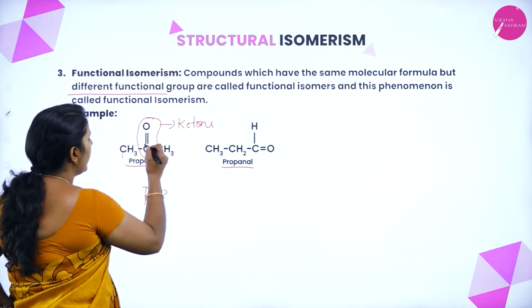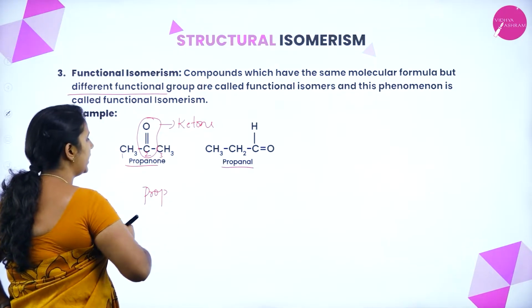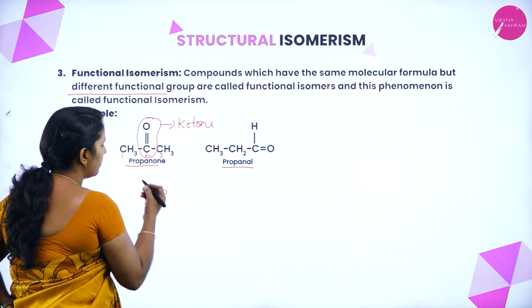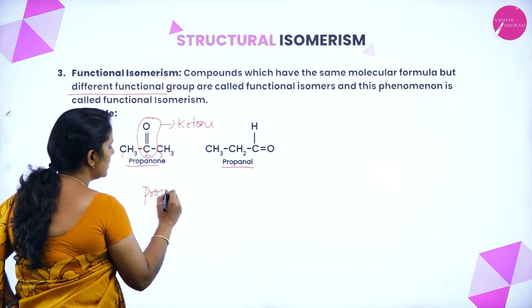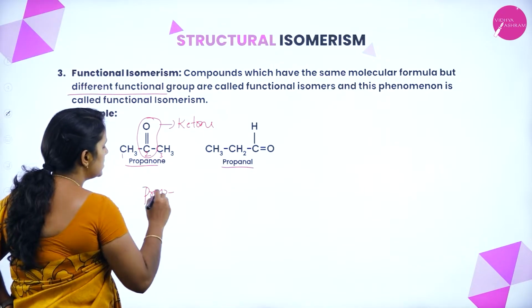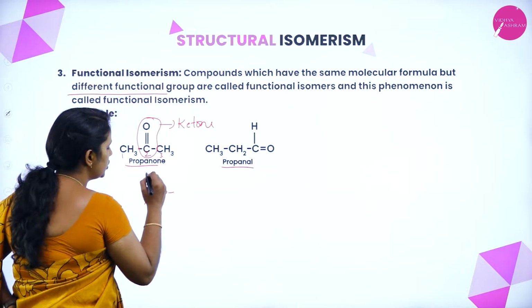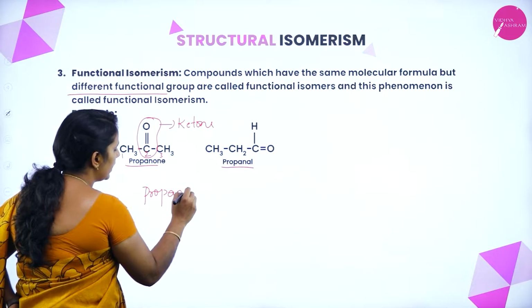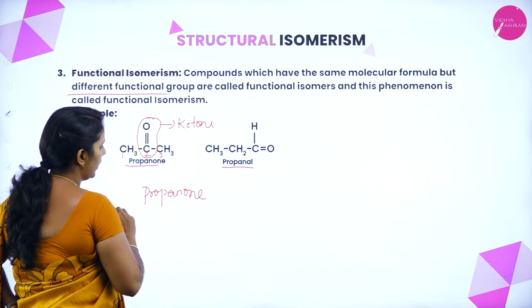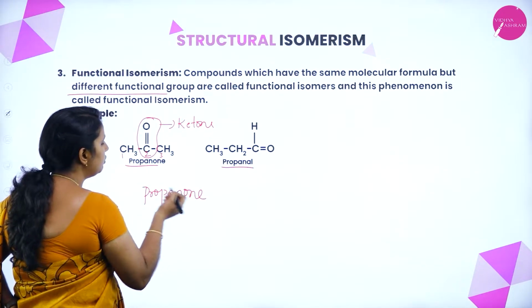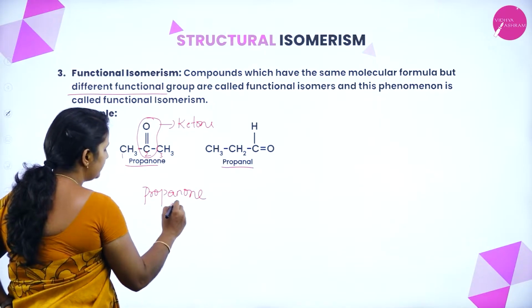Since it is a ketone, we have to see the position where exactly the ketone group is attached, the second carbon atom, correct? So it should end with ONE, propanone, or you can say propan-2-one also.